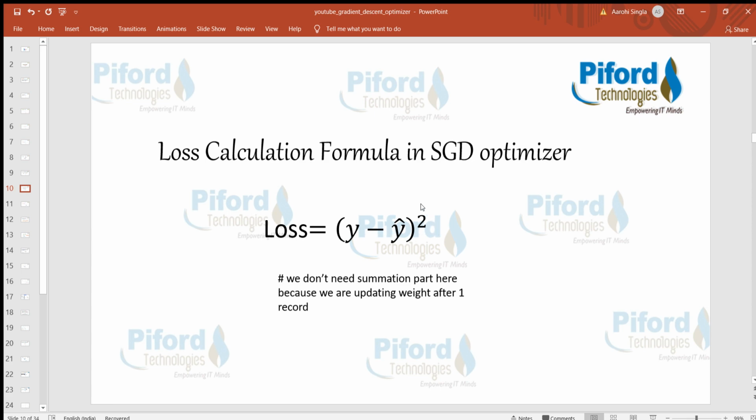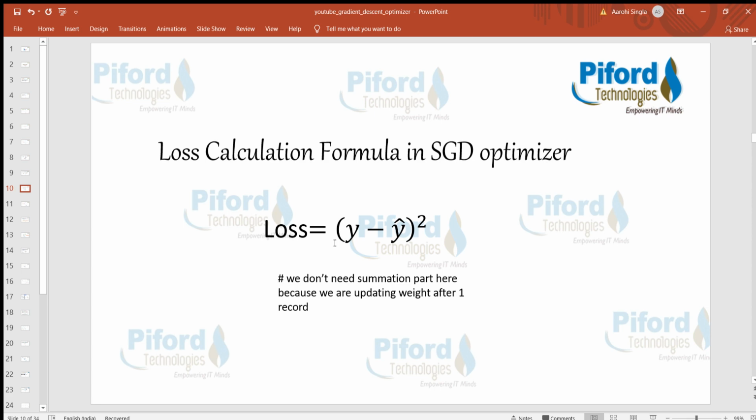This will give you the loss function, the difference between the actual y value and the predicted y value. Why are we not using summation over here? Because we are not working on a sample of data or the whole data set. We are updating a weight on the basis of a single record, so the summation part is not required.